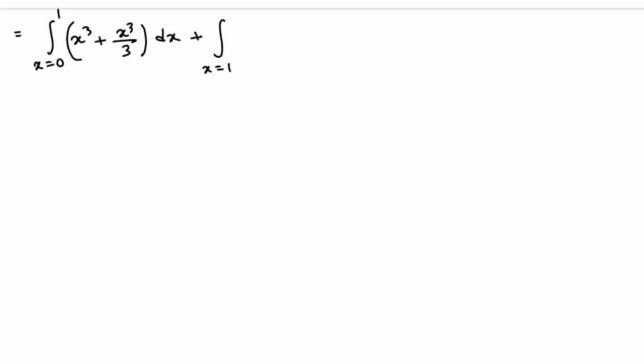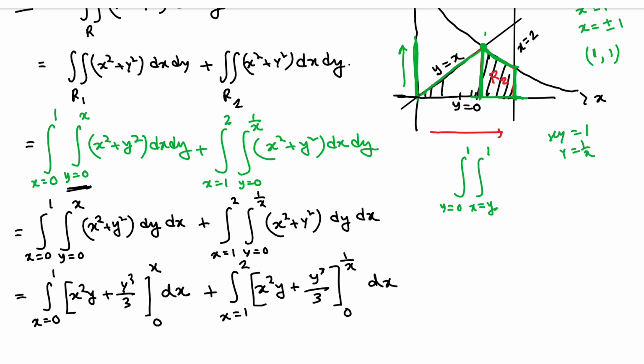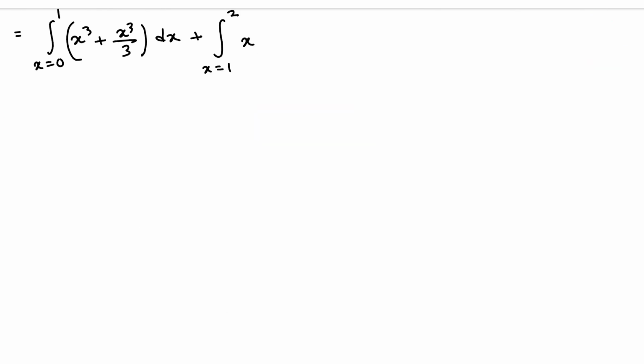So this is equals to integration x equals 0 to 1 of x cube plus x cube by 3 dx, plus x equals 1 to 2 of x plus 1 by 3x cube dx.